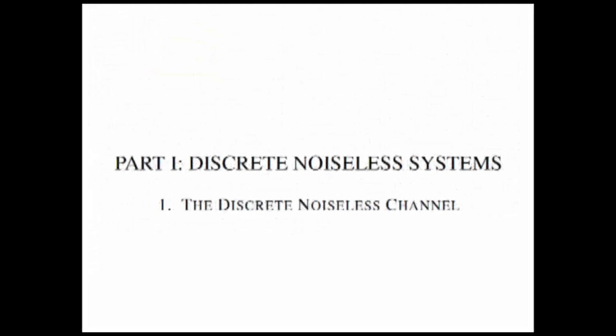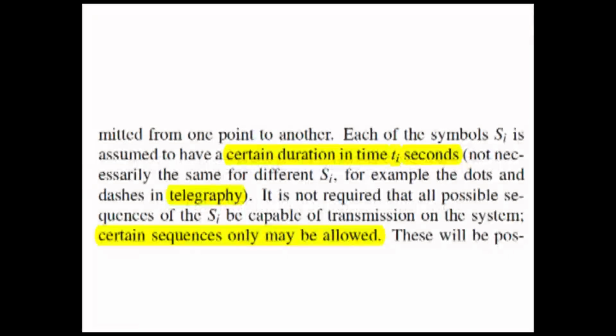All right, so then he starts the meat of the paper, what he calls the discrete noiseless channel. In fact, there's really no channel there. So think of here, he was very much influenced by the example of telegraphy in this first part of the paper.